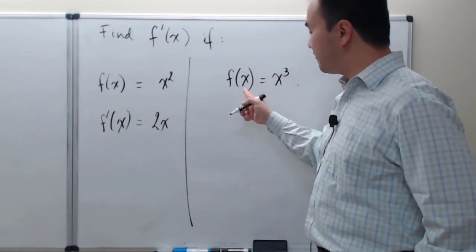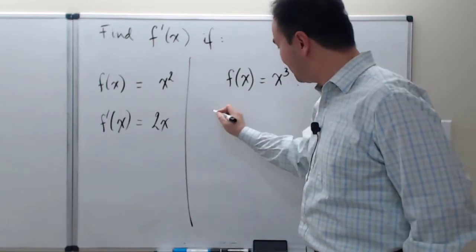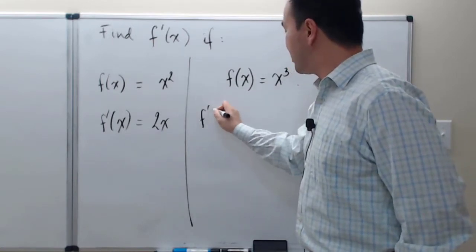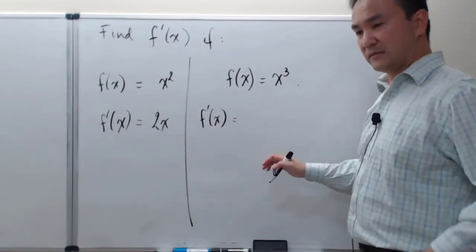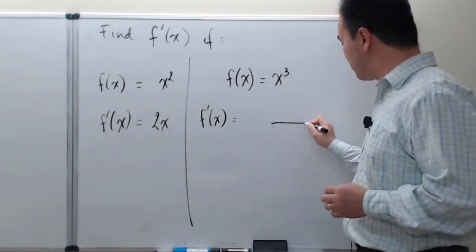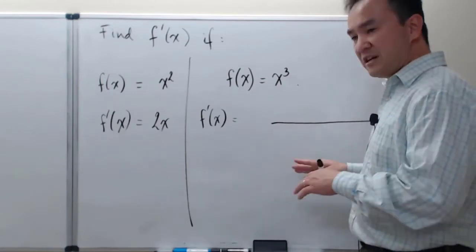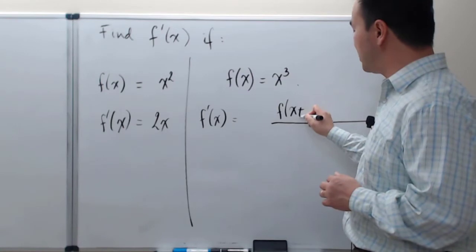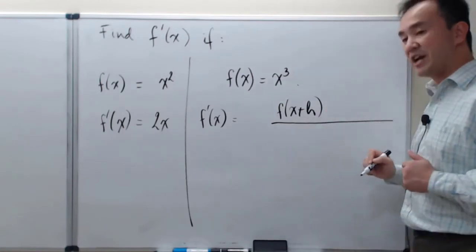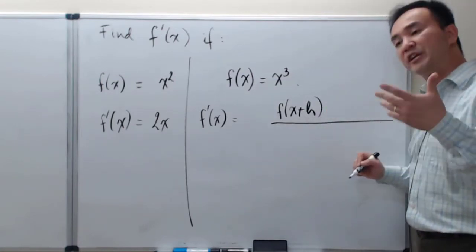I am going to discover what the general derivative of this function would be. Like I said, the limit definition will never be left behind, because we will always have to use it any time we discover the derivative of a new function.